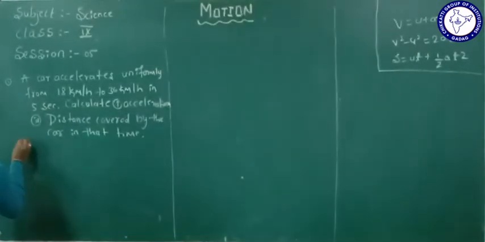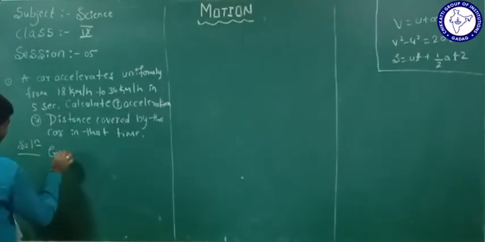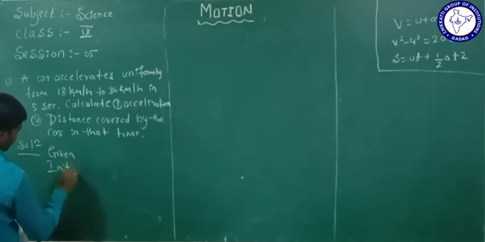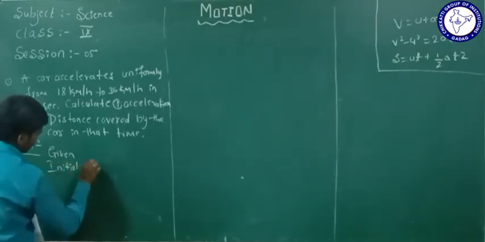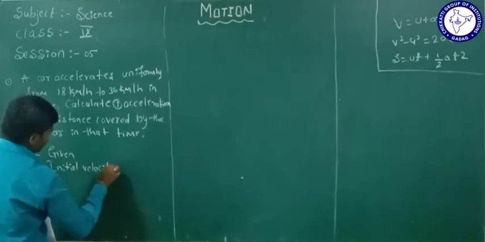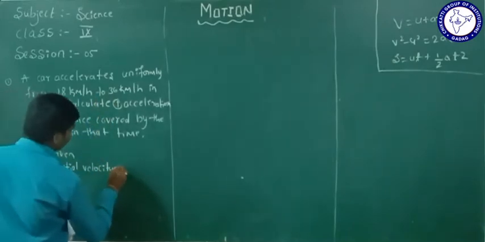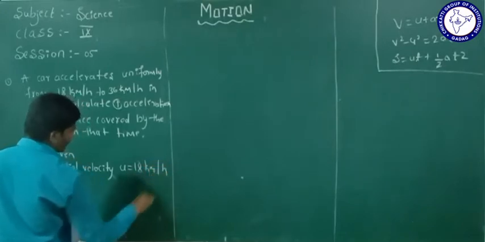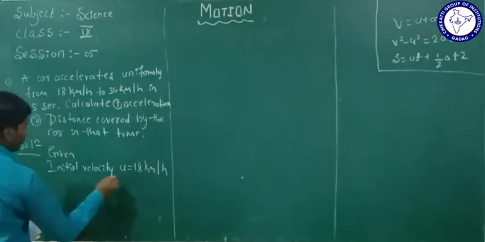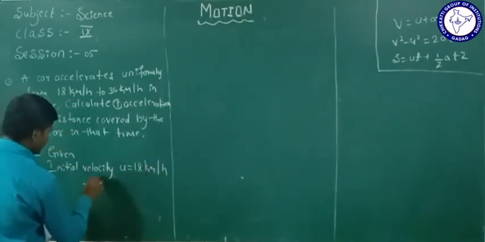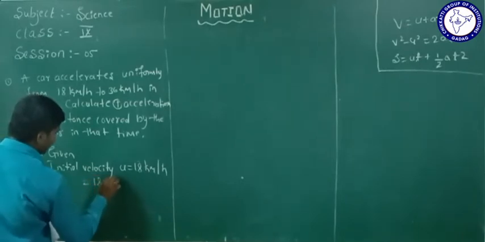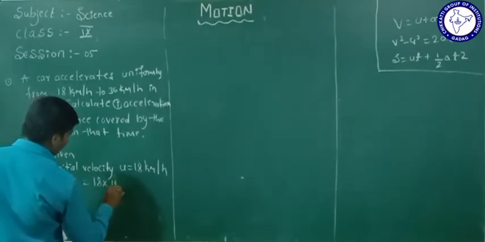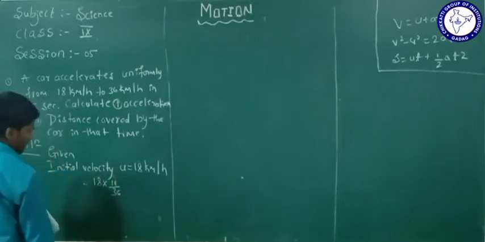So, solution. Write down the given data. Initial velocity of the car u is equal to 18 km per hour, and you have to convert this into meter per second by multiplying by 10 divided by 36.